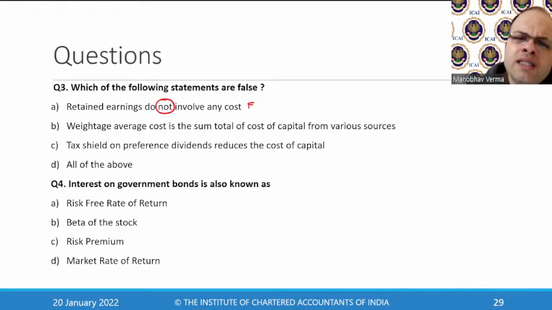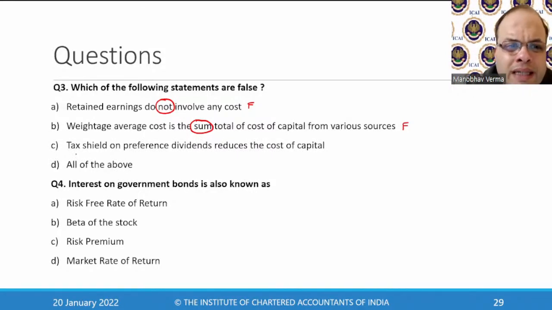Weighted average cost is a sum total of cost of capital from various sources. We are yet to discuss weighted average cost of capital, but this is never a sum total. We'll be doing a weighted average. So this is false. Tax shield on the preference dividends reduces the cost of capital. Did I talk about the tax shield on the preference dividend, guys, or the tax shield on the interest on debentures? Interest on debt, I guess.